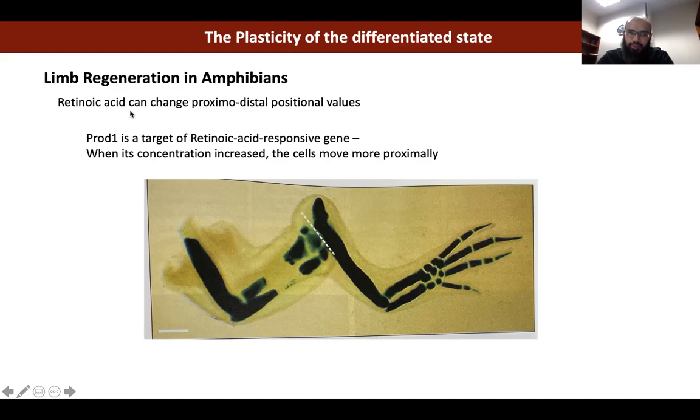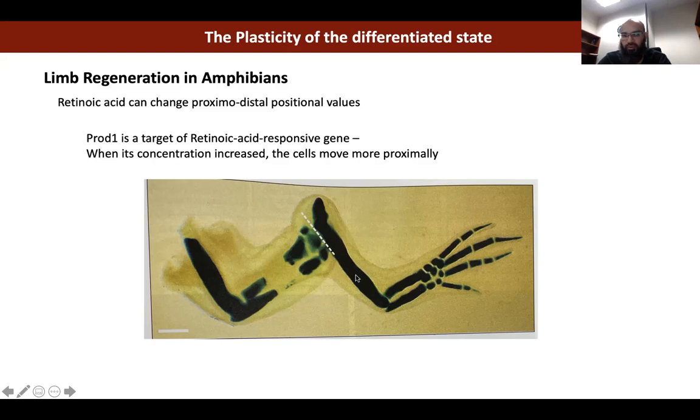And so retinoic acid can change the proximal distal positional values. And this was shown by a remarkable experiment where they cut out the limb of the amphibian at the wrist, and then injected retinoic acid at the wound site. And what happened was that the retinoic acid not only grew the hand distal from the cut site, but it also grew all the structures until the shoulder blade.